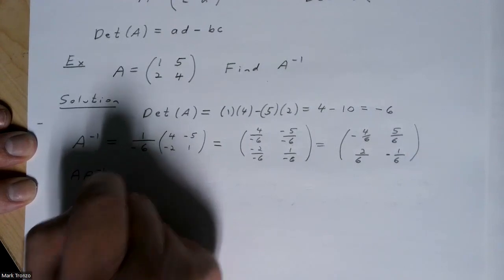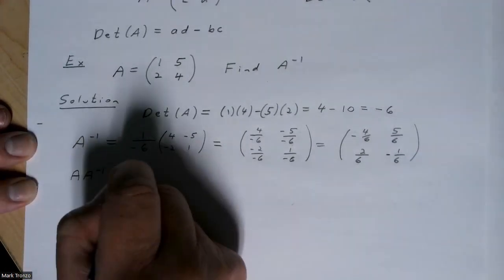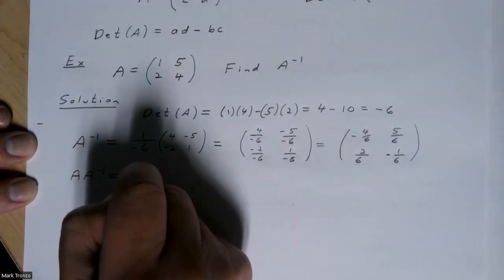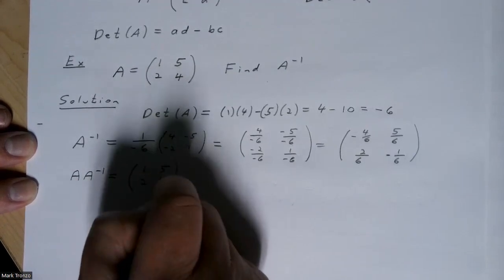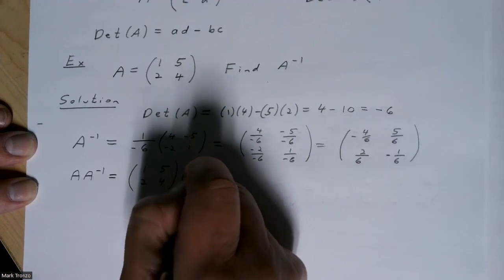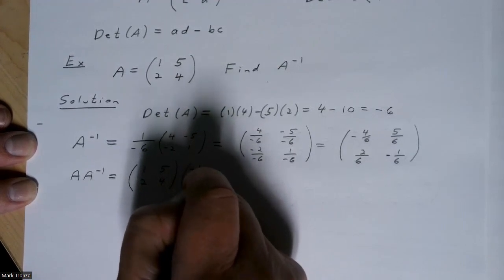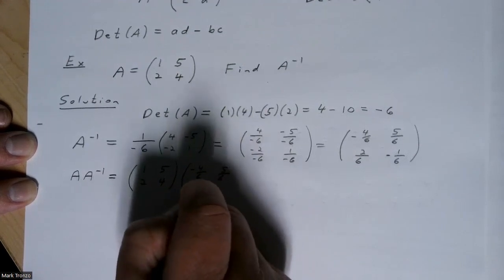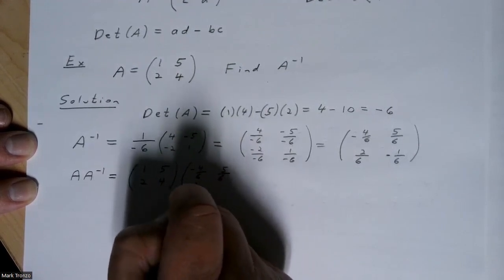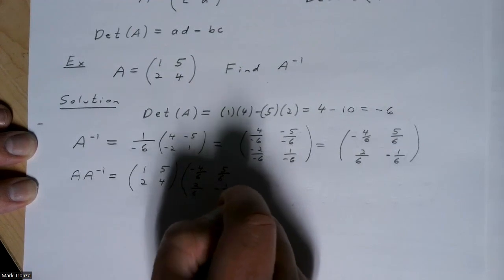You only have to check one of these. So again, let's multiply them out. Remember, we're supposed to end up with the identity. If we don't, then what we think is the inverse here is not. If we do end up with the identity, then it is.